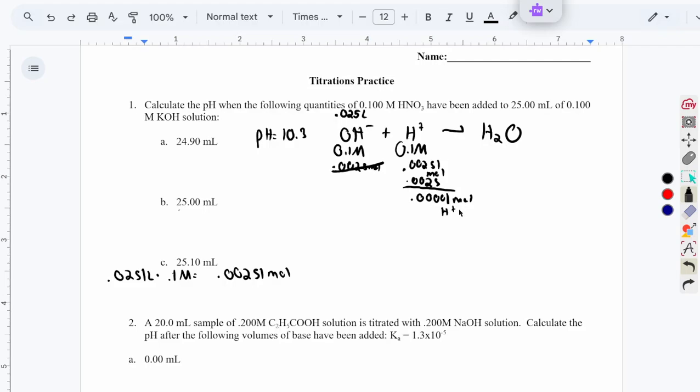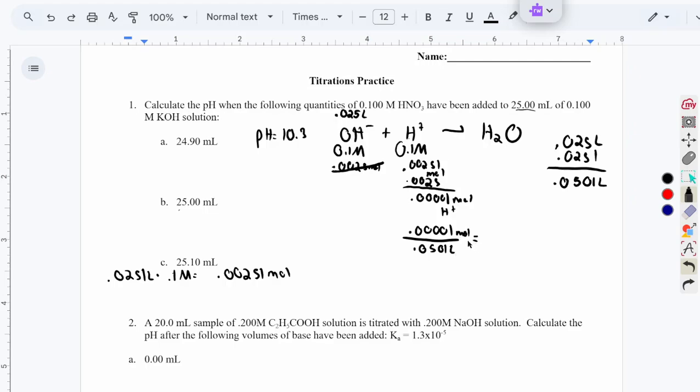Very, very small amount. So we need concentration. Let's figure out our volume. Our volume is 0.025 liters. That's what we got from our original solution. And then this added solution is 0.0251 liters, which is going to give us 0.0501 liters. Cool. We'll divide that out to get our concentration. Our concentration is 0.00001 moles divided by 0.0501 liters.